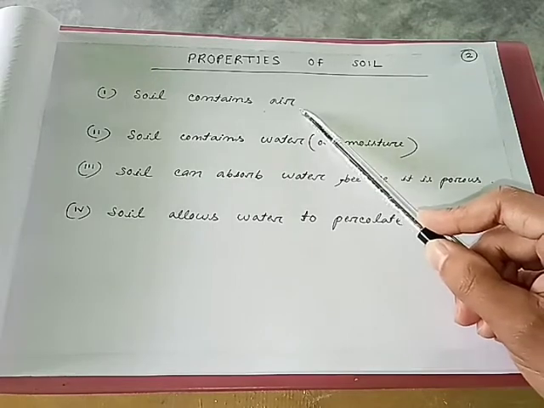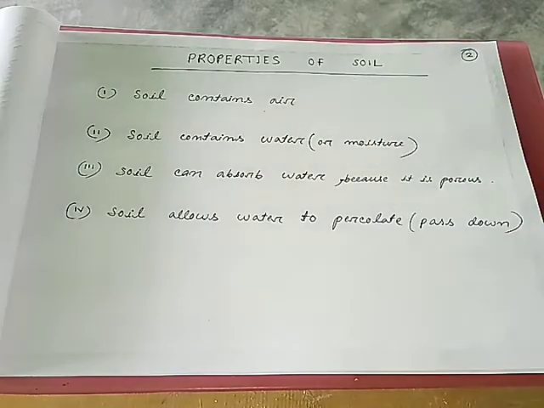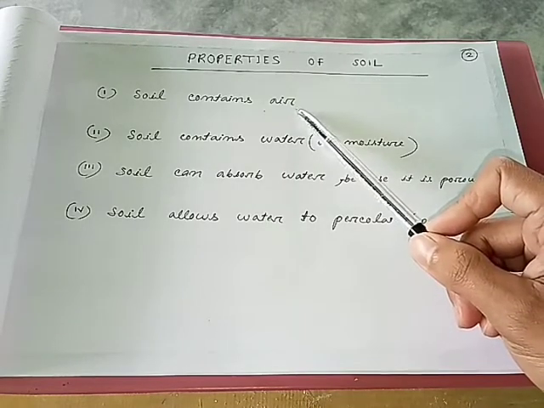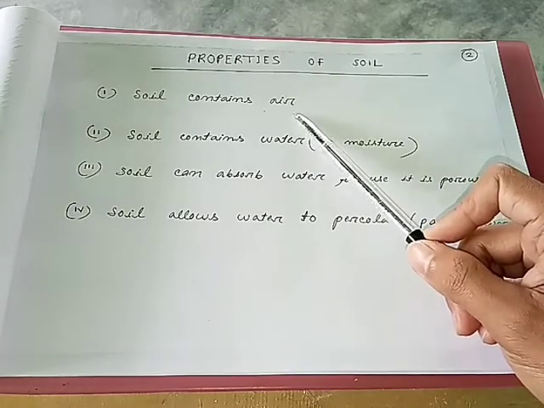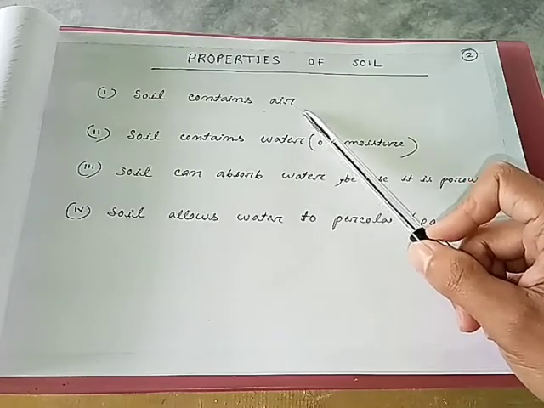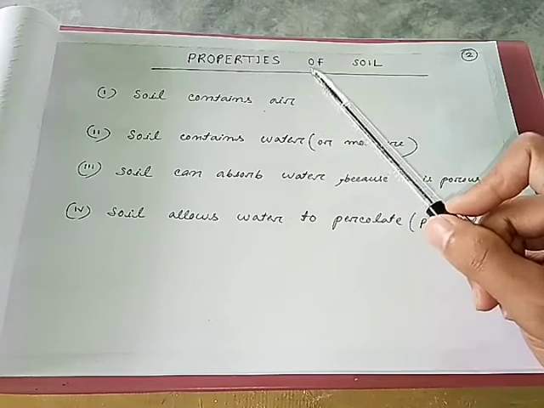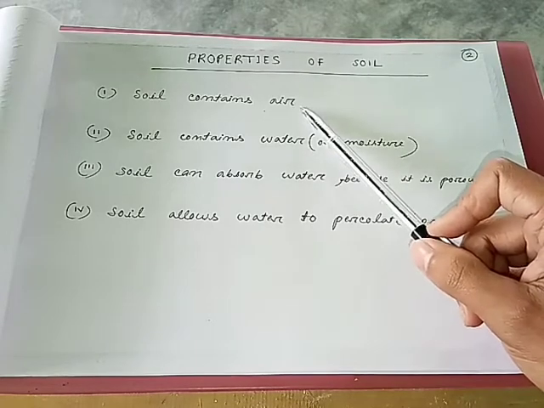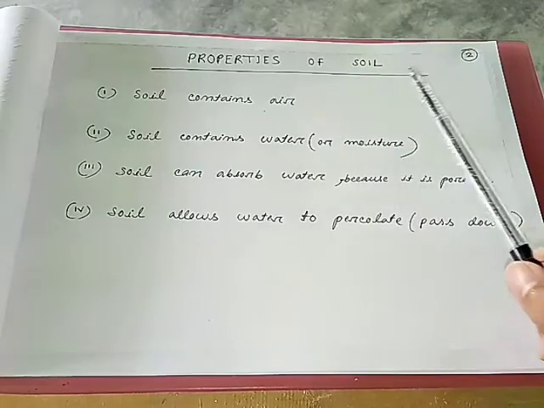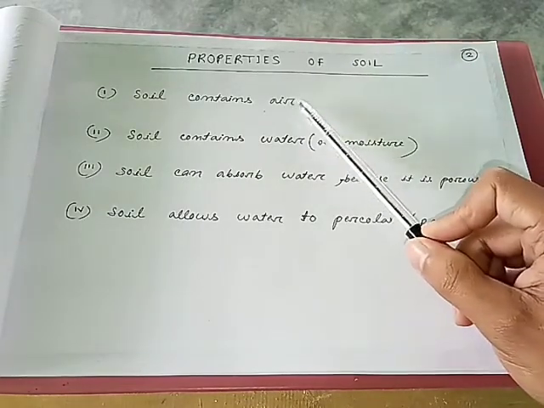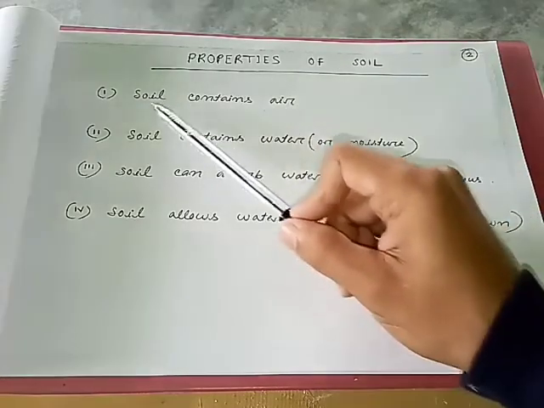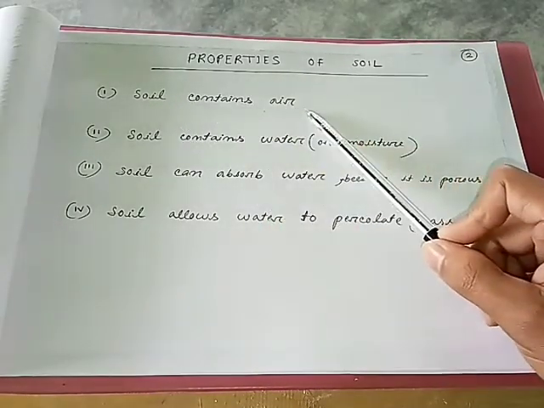Sandy soil can retain much air because in sandy soil the particles are very large, so the spaces are also very large. Due to the small spaces between particles, clay soil can retain less air. So number one property is soil contains air.